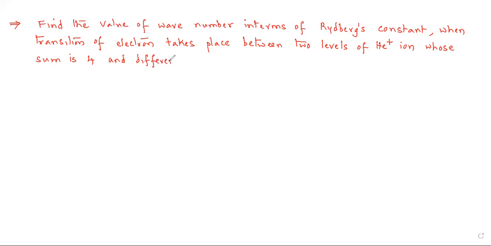So this is special. They have not given the N1 and N2 values straight away. Of course, helium plus, therefore Z is equal to 2. But what they say is the two levels have got a sum of 4 and a difference of 2. Let us say this way: N1 plus N2 is 4. N2 minus N1 is 2.